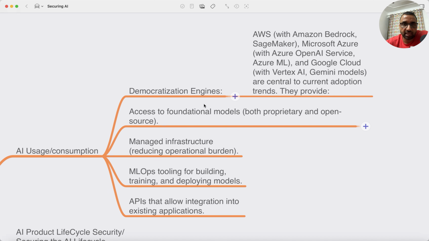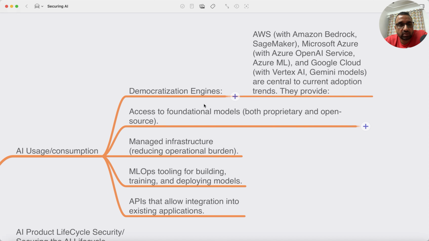They provide services like, AWS provides Amazon Bedrock, SageMaker, Microsoft provides Azure OpenAI service, Azure ML service, as well as with Google you have Vertex AI, Gemini models, and now the agent space, the agent to agent communication protocols. All these things are going to make it very easy for businesses to build AI capabilities or agentic capabilities in their applications, or at least in their IT infrastructure, right?